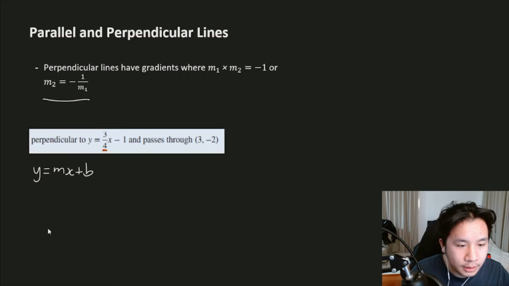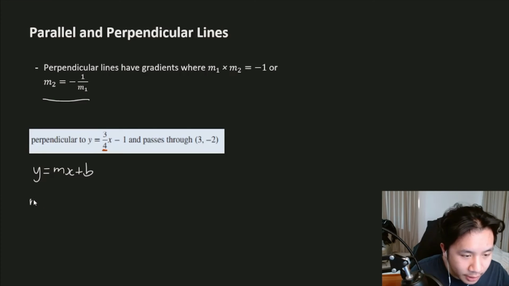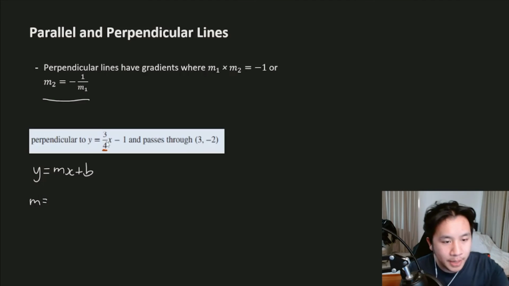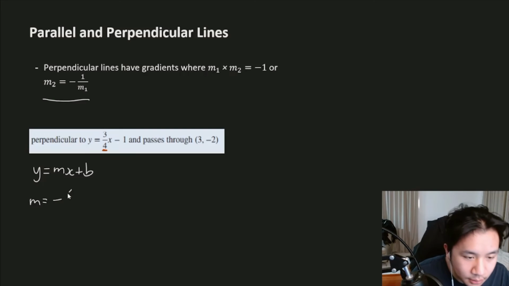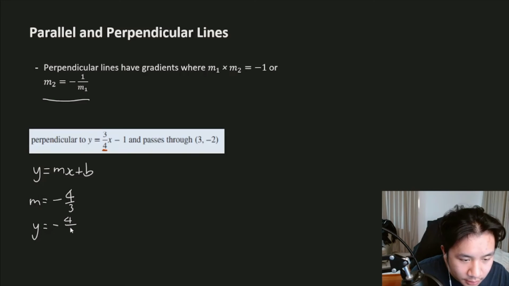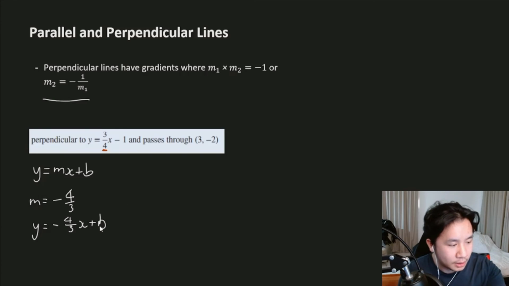To find the perpendicular gradient, I can just make this negative and flip it. 3 over 4 flipped is 4 over 3. So the equation looks like this, but we don't know what b is.